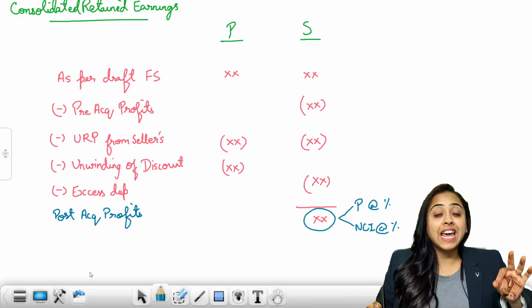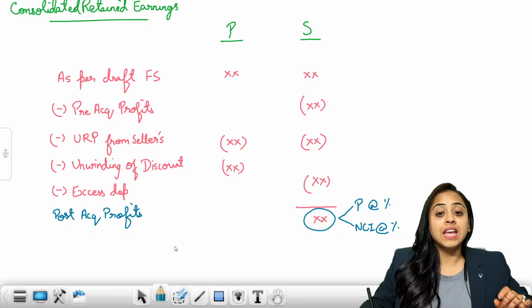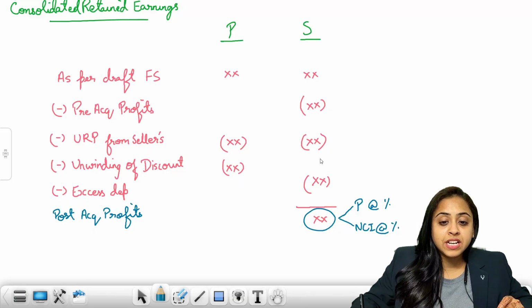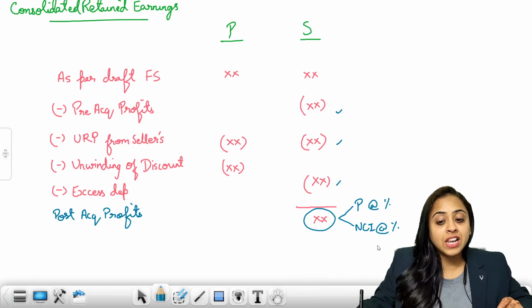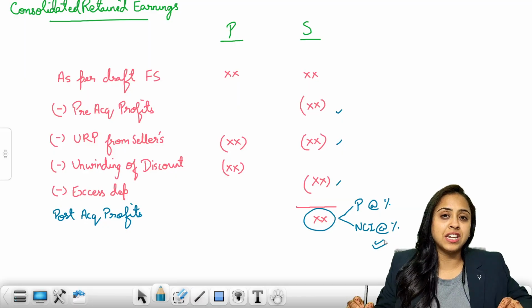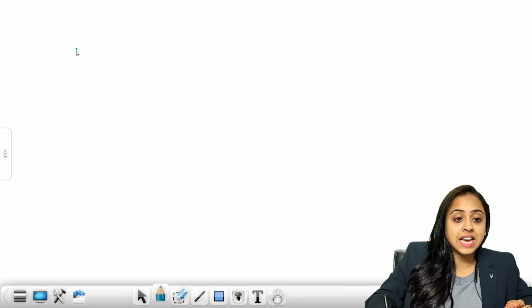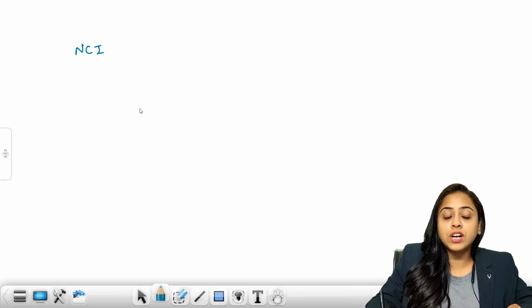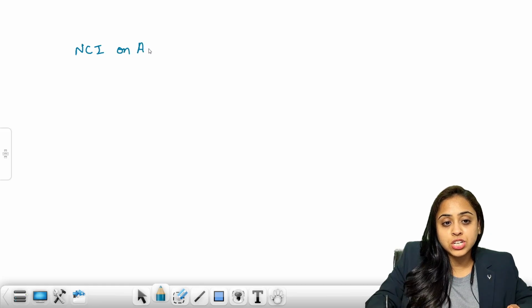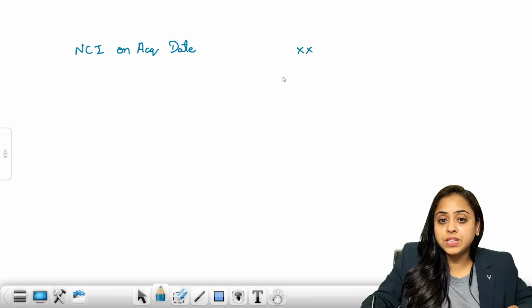Okay, any item that affects subsidiary's post profit will affect NCI calculation. This is the basic idea. Therefore, whenever you calculate NCI, non-controlling interest on acquisition date, you will start with the same.